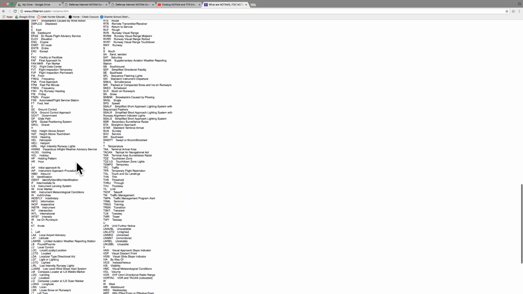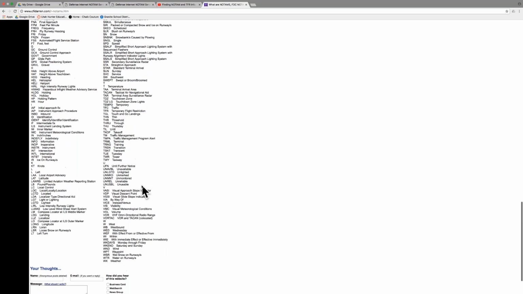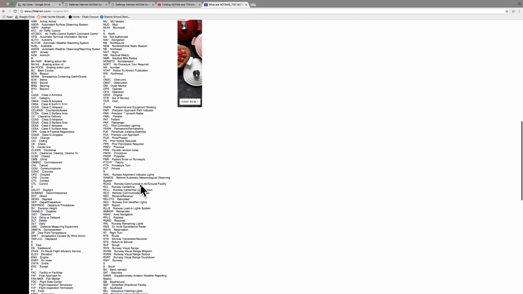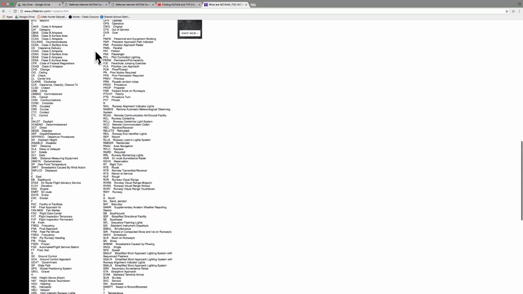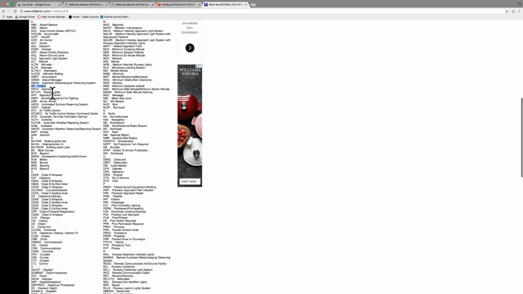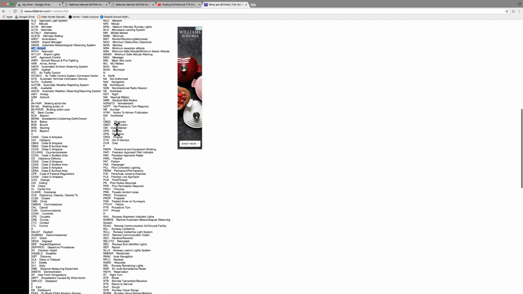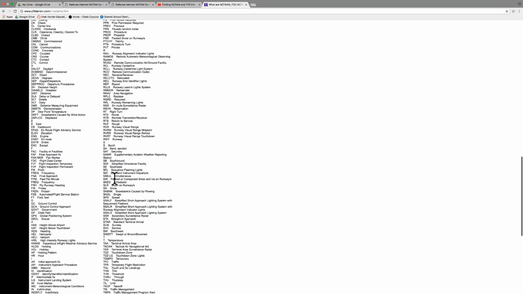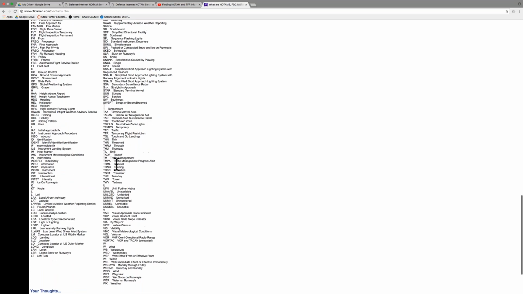Just take a look, and there's a couple dozen that are going to be commonly used, but if there's any question about it, just go and look up NOTAM abbreviations, figure out what it's saying, and then decode the NOTAM. As you can see, there's things that I don't even understand what the abbreviation is, and I have to use this list all the time.